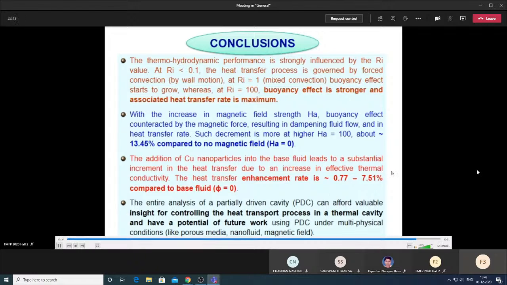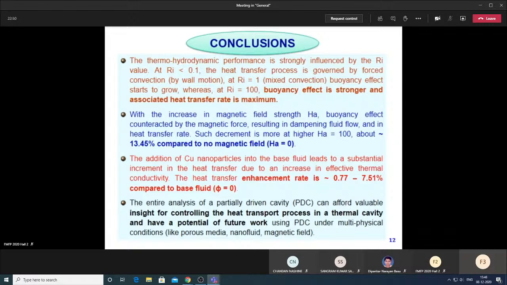Almost 13.45% decrement of heat transfer occurred at higher Hartmann number, equal to 100, compared to a low magnetic field. In addition, the inclusion of nanoparticles gives a substantial increment of heat transfer due to the increase of thermal conductivity; the transfer enhancement rate is 0.77 to 7.51 compared to the base fluid.